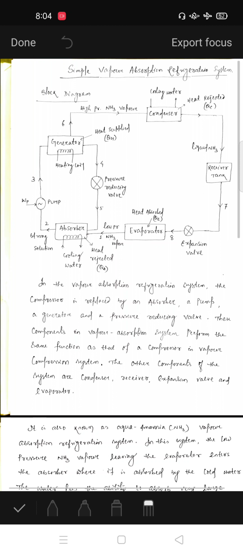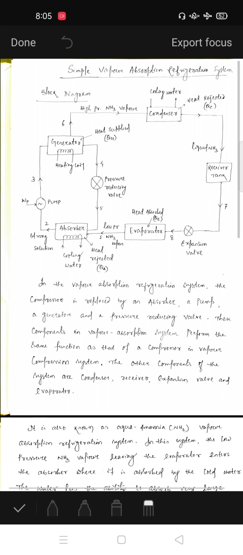These components perform the same function as that of a compressor in a vapor compression system. The other components of the system, as I have already told you, are the condenser, receiver tank, expansion valve and evaporator. So this is your expansion valve, this is your receiver tank.